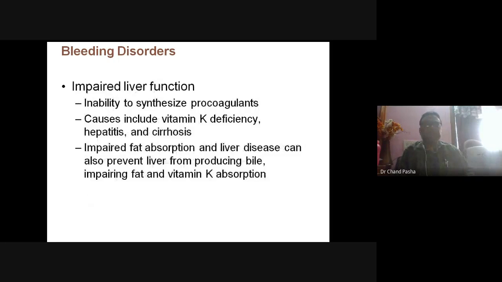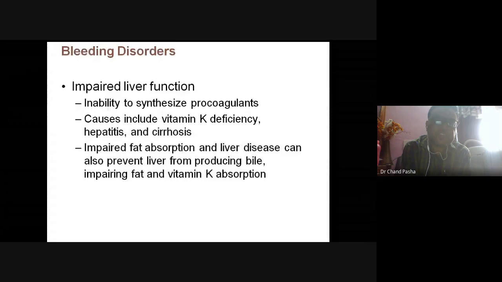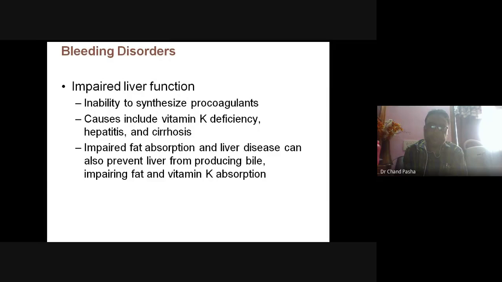Next, bleeding disorders from impaired liver function, the inability to synthesize procoagulants, is one of the reasons for blood clotting issues. The majority of the factors are produced by the liver, and vitamin K deficiency also leads to reduced synthesis of these factors.